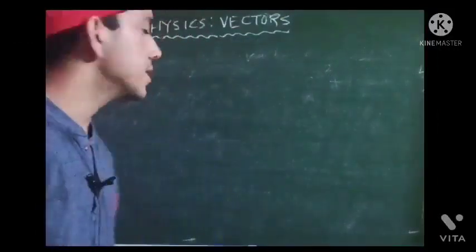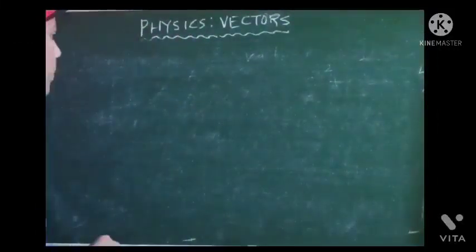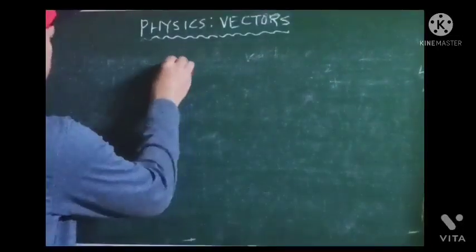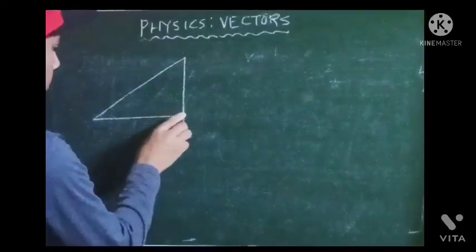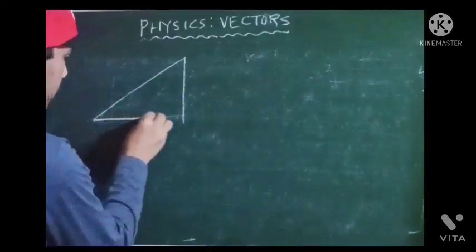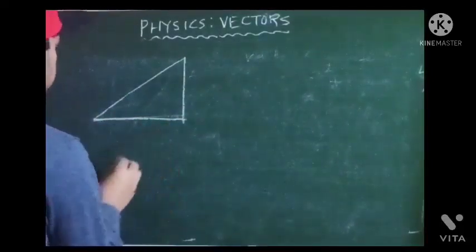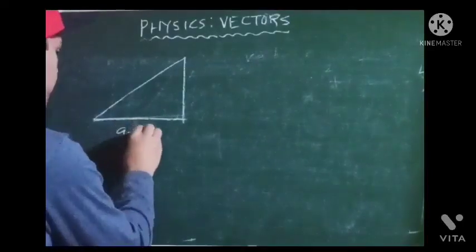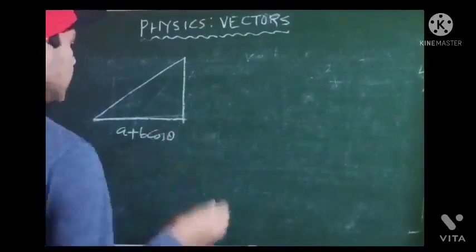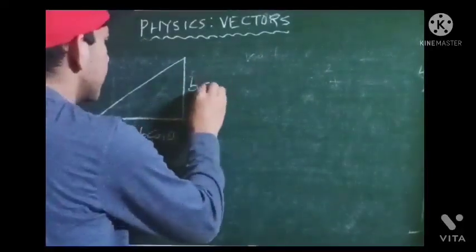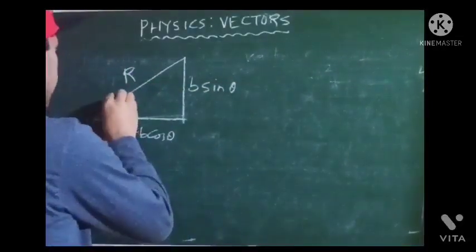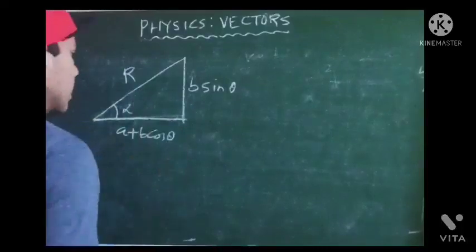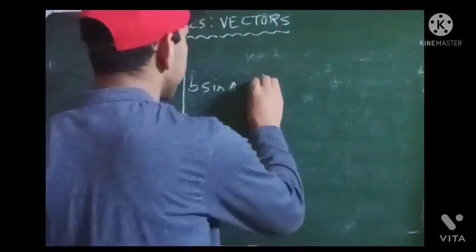One more thing we have to discuss is, let us go back to the previous diagram. This was a plus b cos theta, it was b sin theta, and this was r, and it was alpha. So we can write tan alpha.